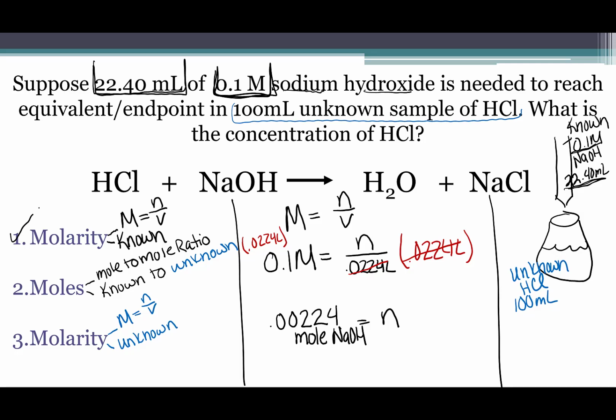All right, step 2. Step 2 is where we are going to go from our moles of known to our moles of unknown. And to do this, we're going to set up a train track. Okay, so I'm going to start with the information from step 1. So I have 0.00224 moles of NaOH.